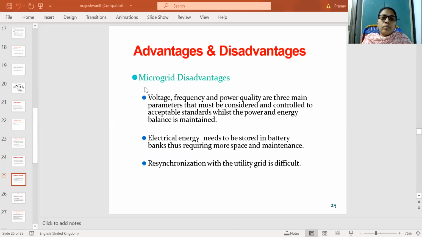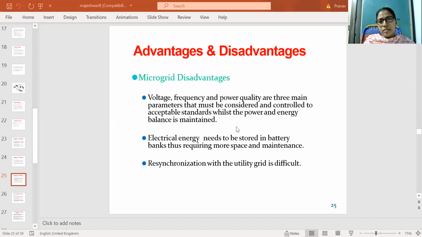And coming to microgrid disadvantages, there are also some disadvantages. The voltage, frequency, and power quality are the three main parameters that must be considered and controlled to acceptable standards while the power and energy balance is maintained.